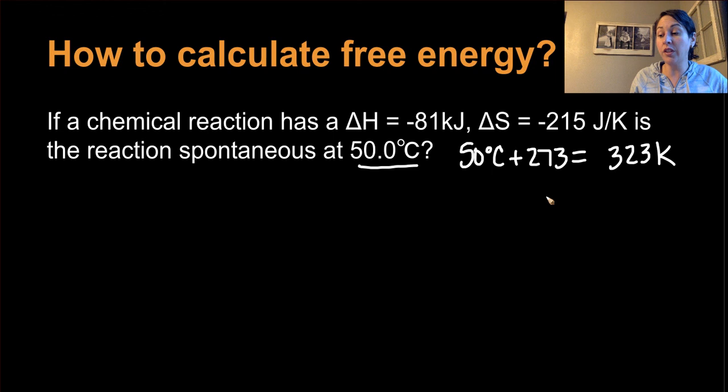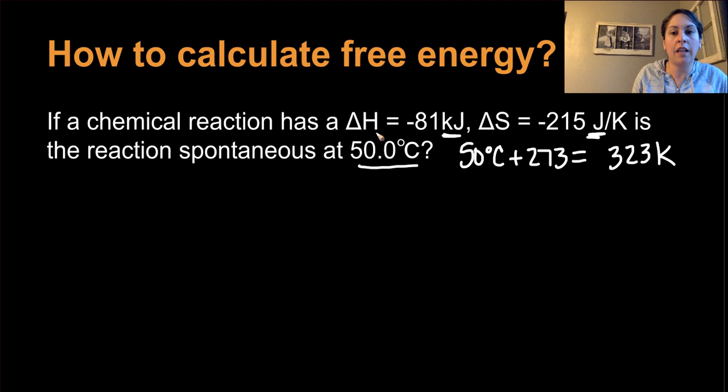So that's the first thing I need to do. Now the other thing, and sometimes you'll be given these two in the same value, and sometimes you will see they're different. So I see 81 kilojoules here, and I see joules per Kelvin here. Well, we need to get them into the same unit, either both into kilojoules or both into joules. It doesn't really matter either way which way you go, but your answer will be represented in the proper one.